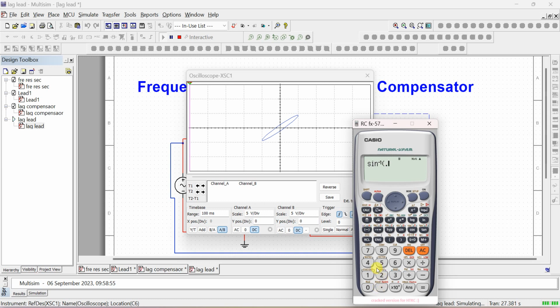Why it is intersecting at 0.2 here, 0.2 here: the total width is 0.4, and the maximum height from here to here is 0.9, and here to here is 0.9, so divided by 1.8. Sine inverse of 0.4 divided by 1.8 is the phase shift. It is 12 degrees.